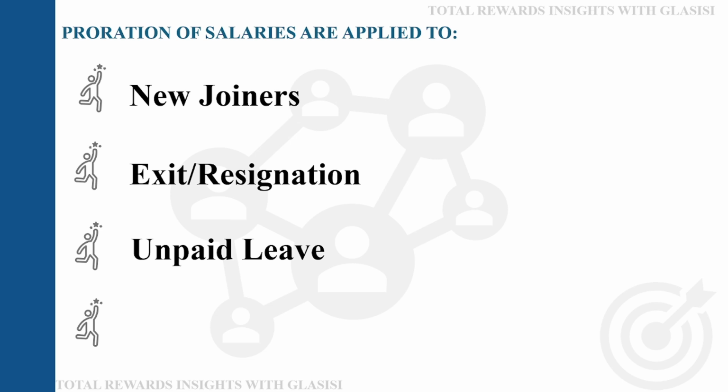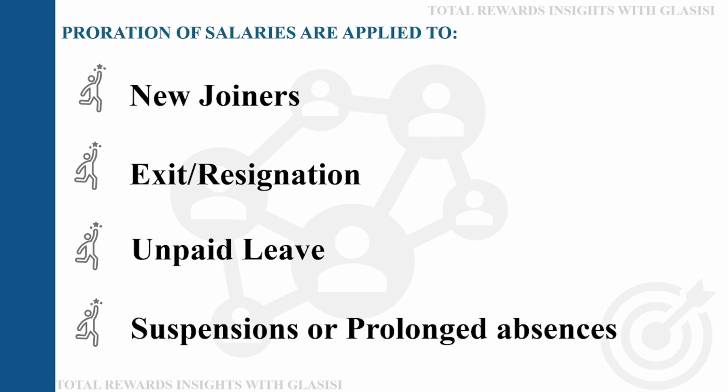Unpaid leave is another scenario, if the employee was away without pay for part of the month, proration will happen. Suspensions or prolonged absences: if an employee was suspended or not present at work for part of the month, the salary will be prorated.